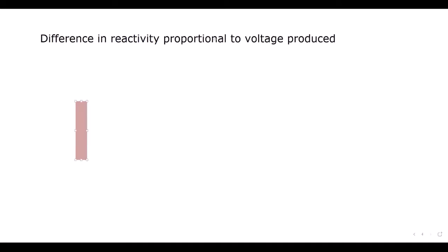So if there is a greater difference in reactivity, the voltage produced will be higher. First we were using zinc and copper, and then we are using zinc and nickel. So this one is zinc, copper, and we have zinc and nickel.